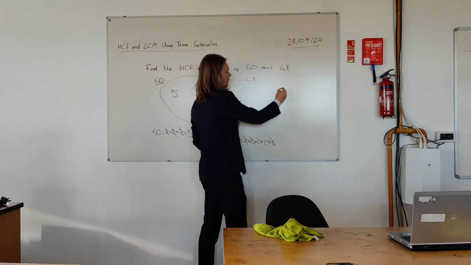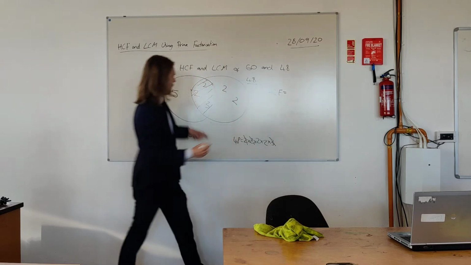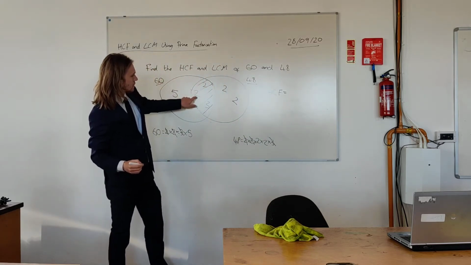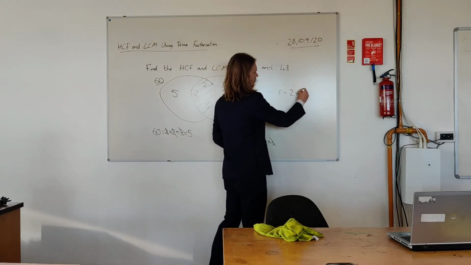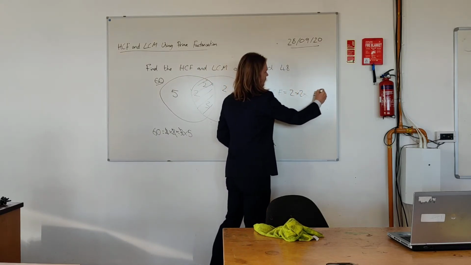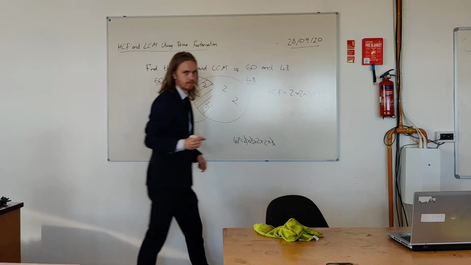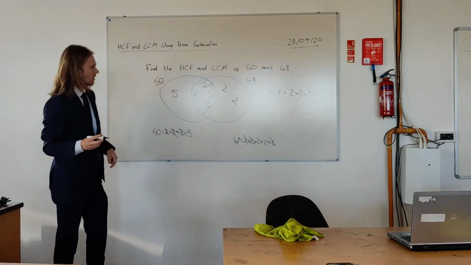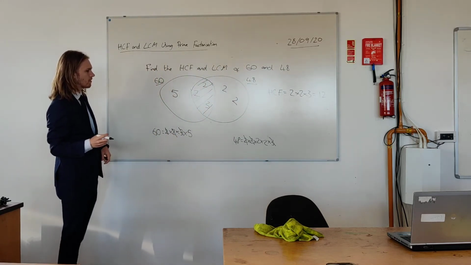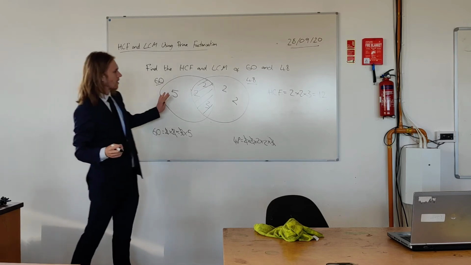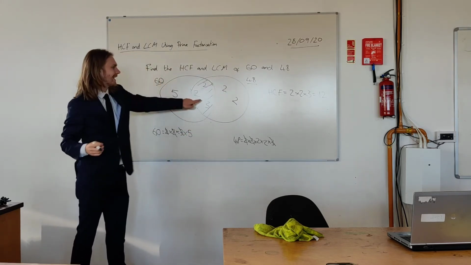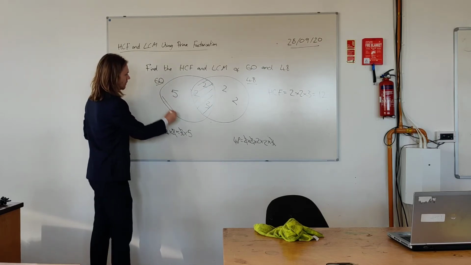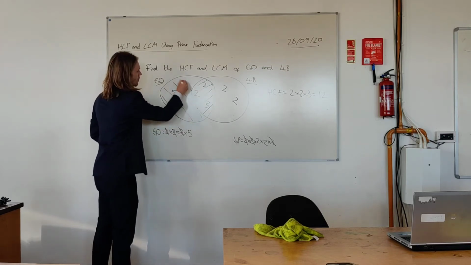The highest common factor is going to be 2 times 2 times 3, which is 12. The lowest common multiple is going to be all of the numbers in the whole thing, including the middle, multiplied together.